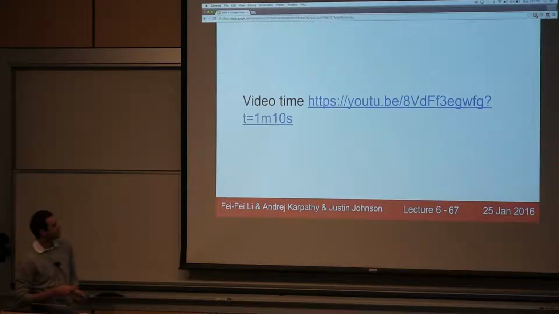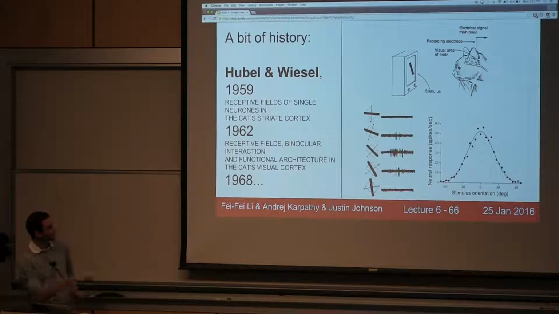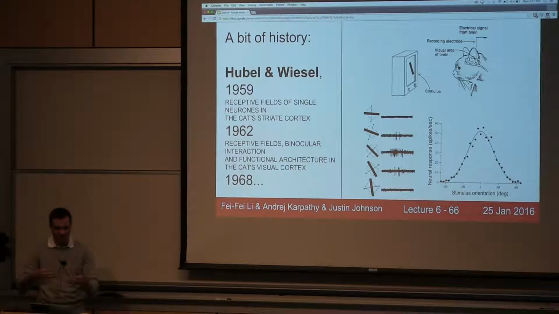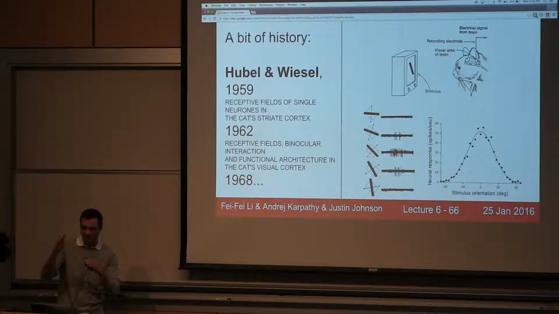And they also figured out that there was an entire hierarchy. There were what's called simple cells, and they responded to a particular orientation of an edge. And then there were all these other cells that had more complex responses. So for example, some cells would be turning off for a specific orientation, but were slightly translationally invariant. So they didn't care about the specific position of the edge, but they only cared about the orientation.